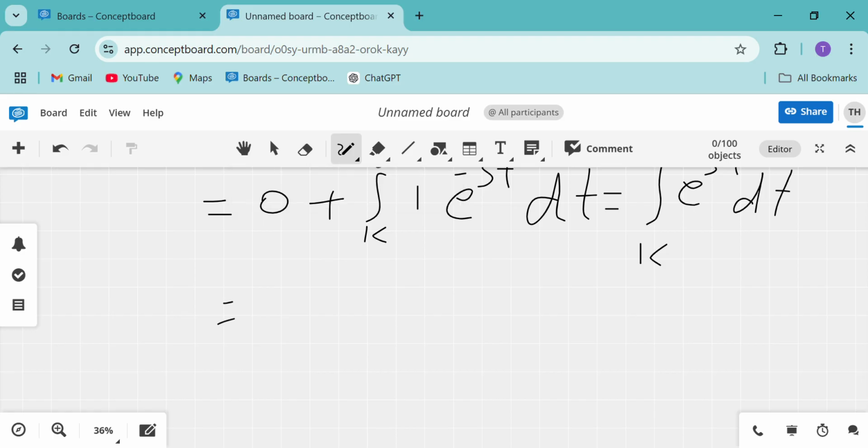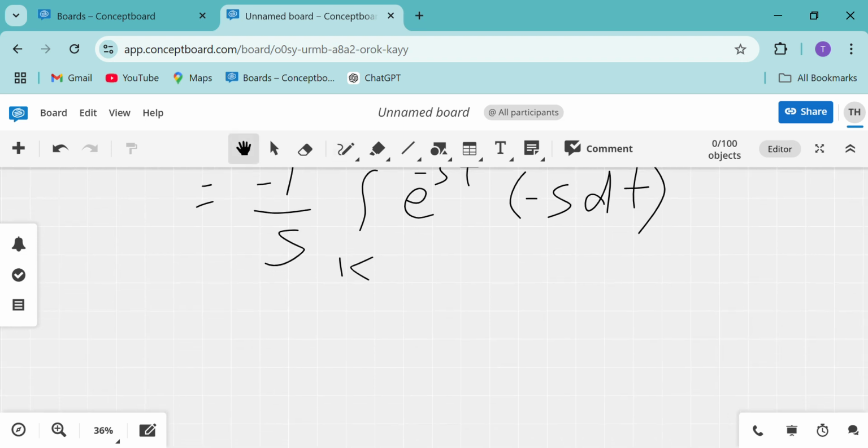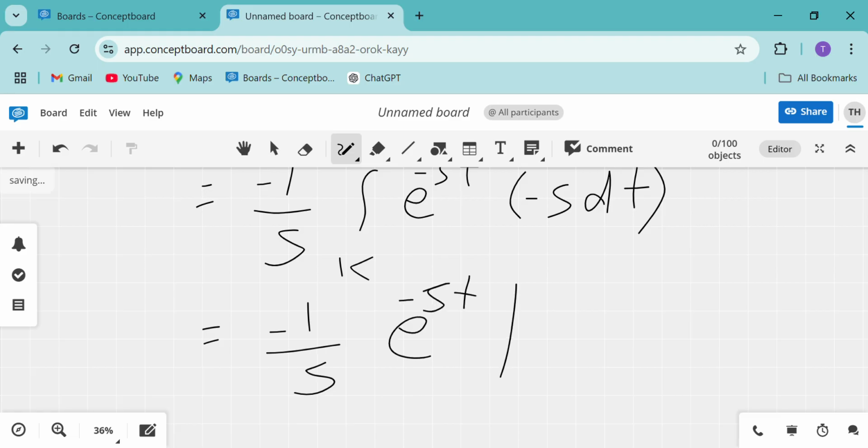Now we will multiply by minus s and divide by minus s, because our exponential is minus st, so here minus s dt, and the whole will be equal to minus 1 over s exponential minus st. Here is our limit k to infinity.